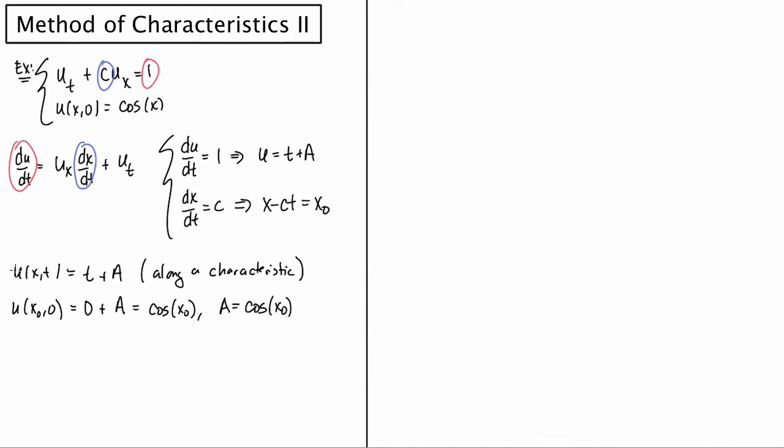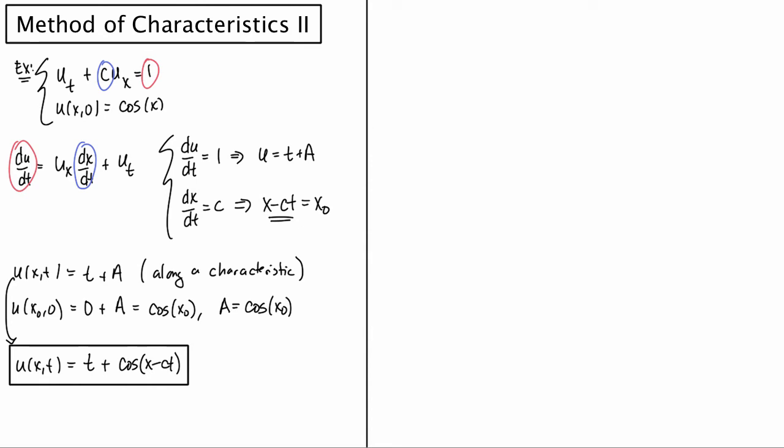So in particular, coming back to u(x,t), u(x,t) is going to be t plus cosine of x naught, but x naught is x minus ct. So the solution in this case is given by this equation.